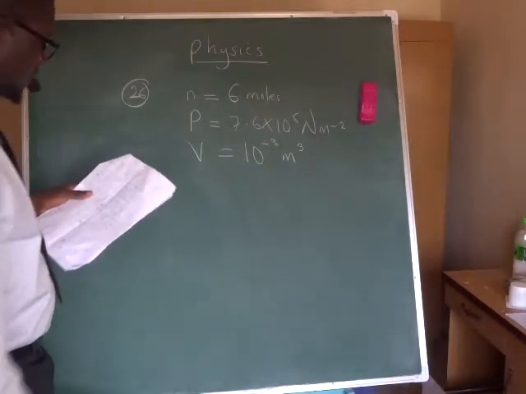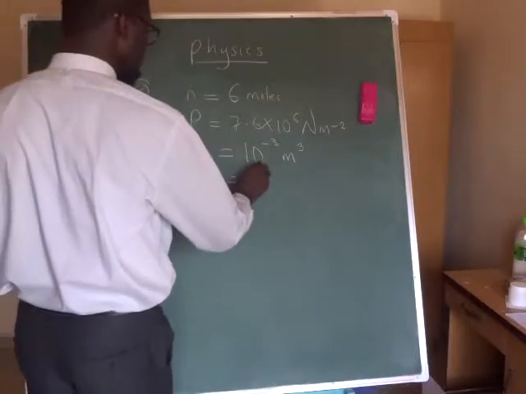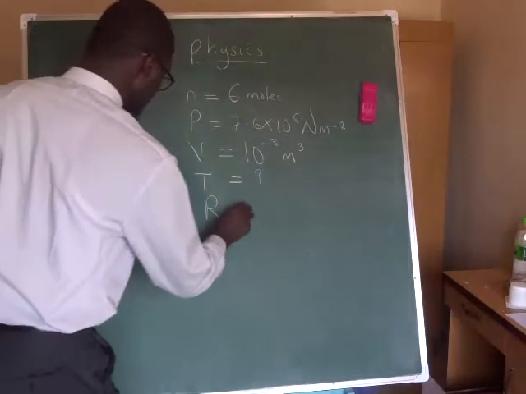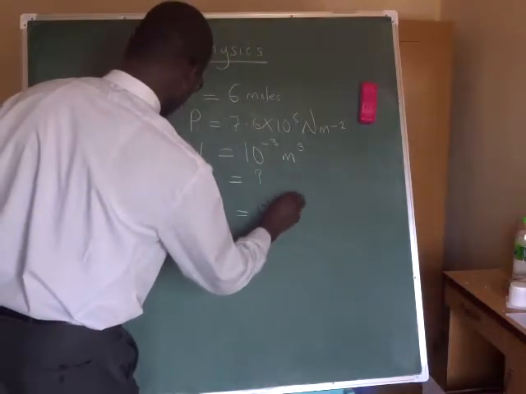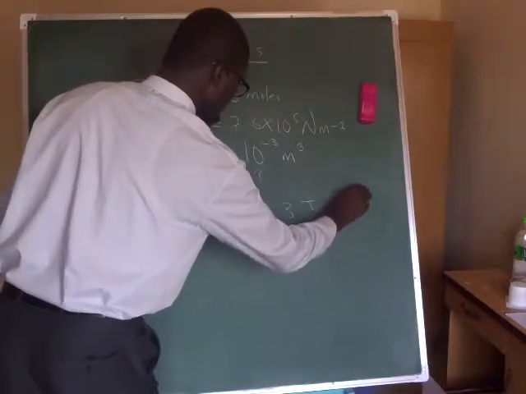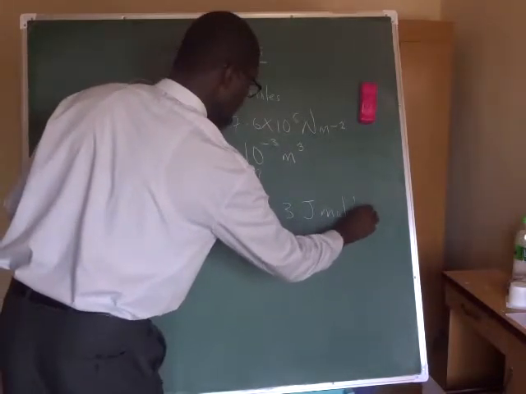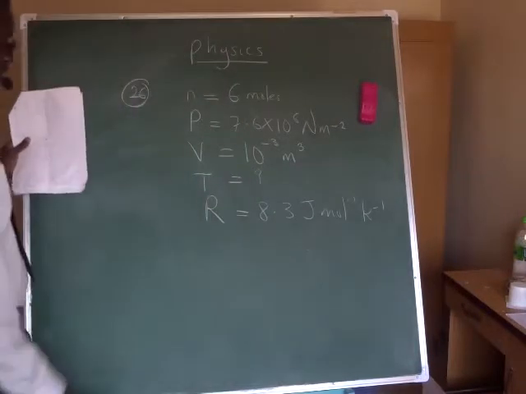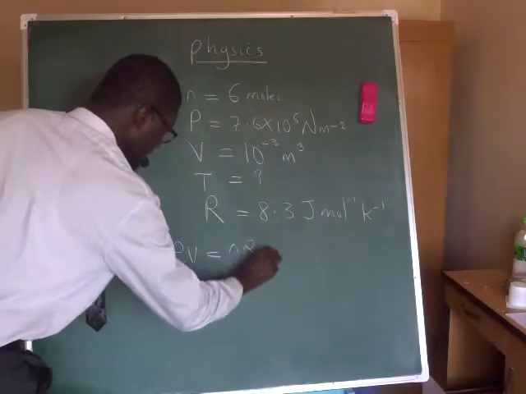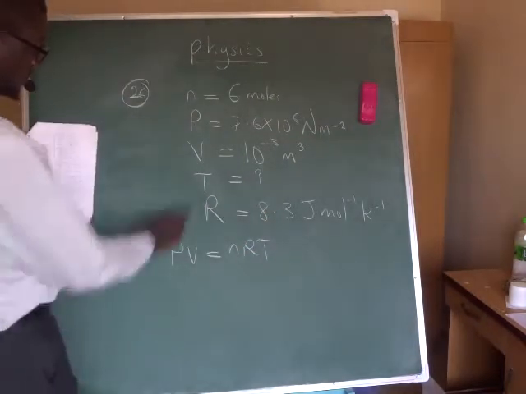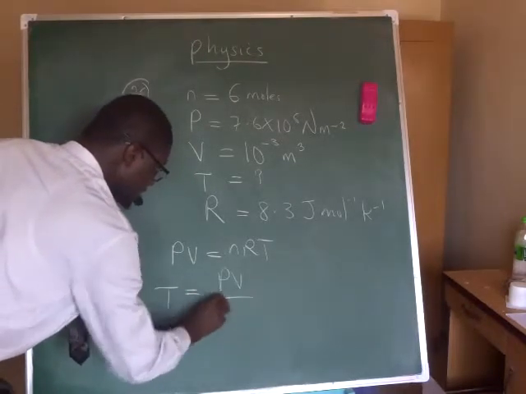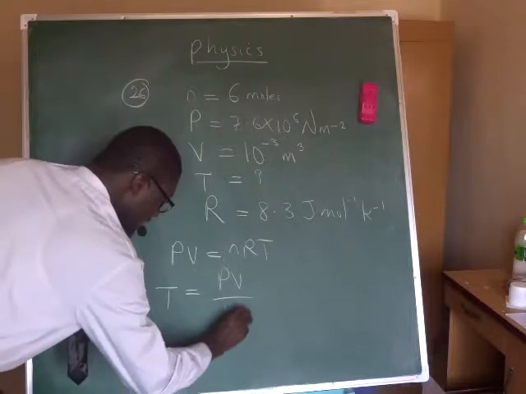Okay, the question says calculate the temperature, so we're looking for temperature. And R, which is a constant, is given as 8.3 joules per mole per Kelvin. Now using our ideal gas equation, which says PV is equal to nRT, and from this question we're looking for T. So when I make T subject, I have PV over nR.